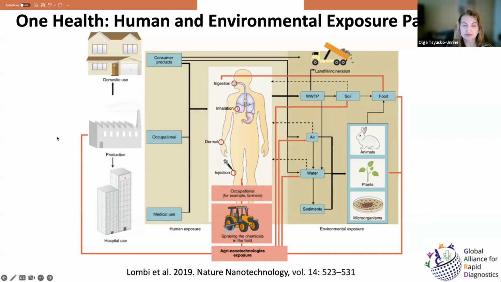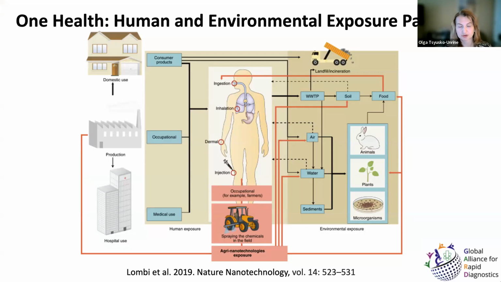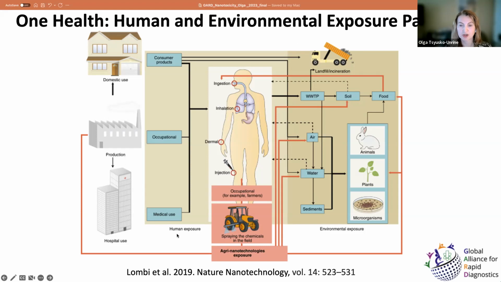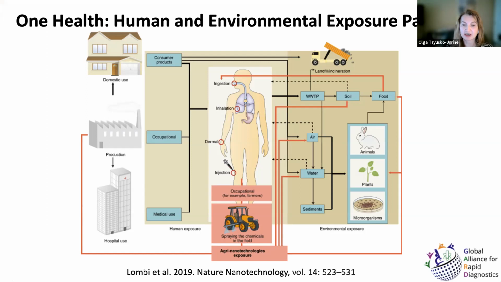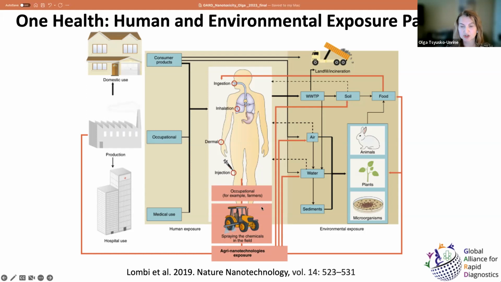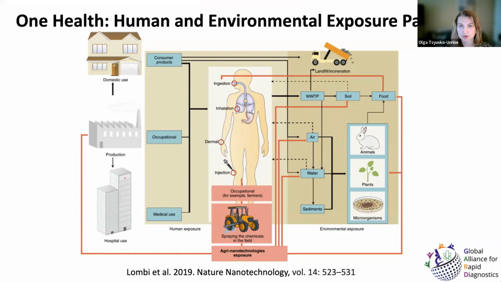If, for example, we are using nanomaterials for drug delivery, we are mainly concerned with human exposure. However, when we use nanomaterials as nanopesticides, and we are spraying them in the field, like farmers do, then we have an increase in occupational exposure, an increase in release into sediment, water, and soil, and obviously there is also transfer through the food chains, and eventually it can also reach humans.